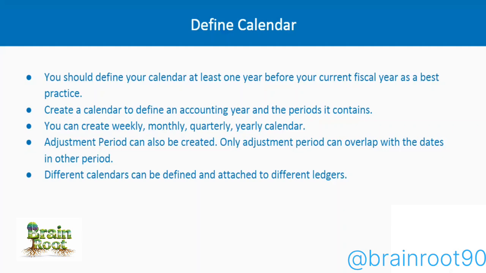But in case of adjustment period, you can define that the last month is from 1st of December to 31st of December, and this adjustment period will be for 1 day, let's say 31st December to 31st December. Although it is overlapping, system allows you to do so. And there is a valid reason for it, because ultimately you want to record the transaction in that particular year only, instead of going to the next periods.